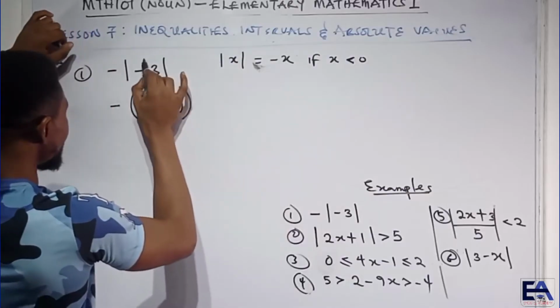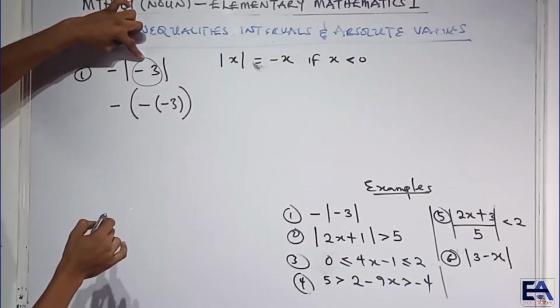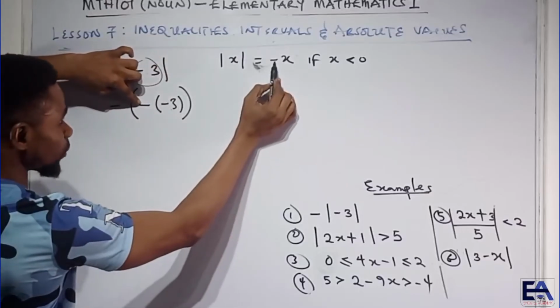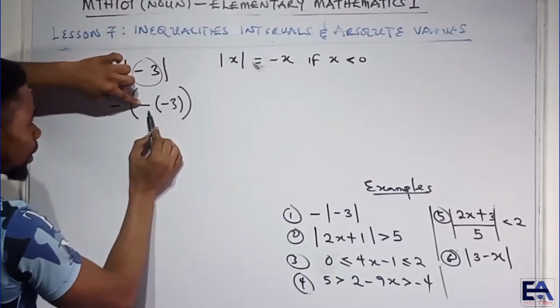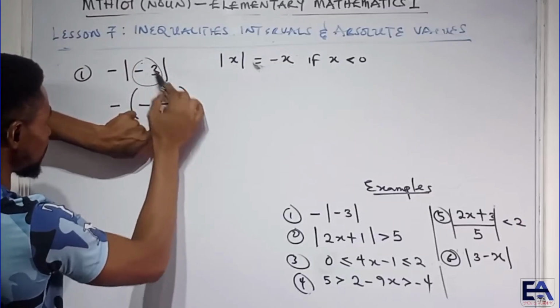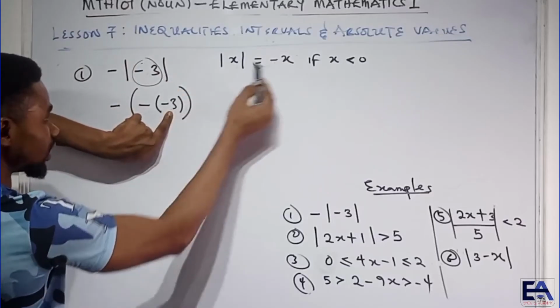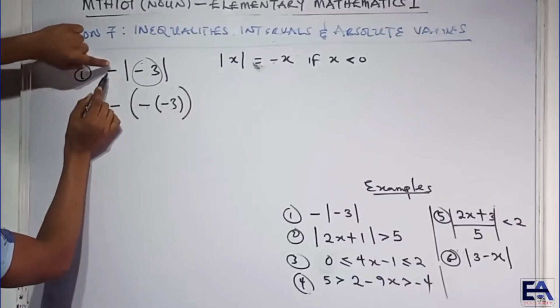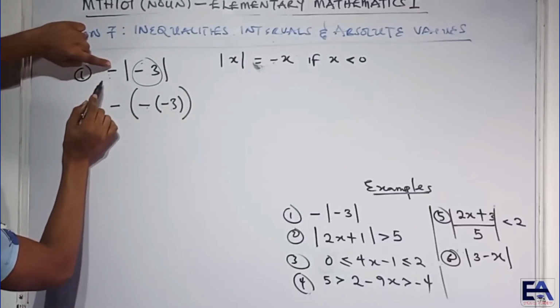So we are regarding this one as x. The minus here is the minus that came with the rule, while x is minus 3, which we put here. Then the negative that we have outside here is the negative of this one. I hope you are getting it.